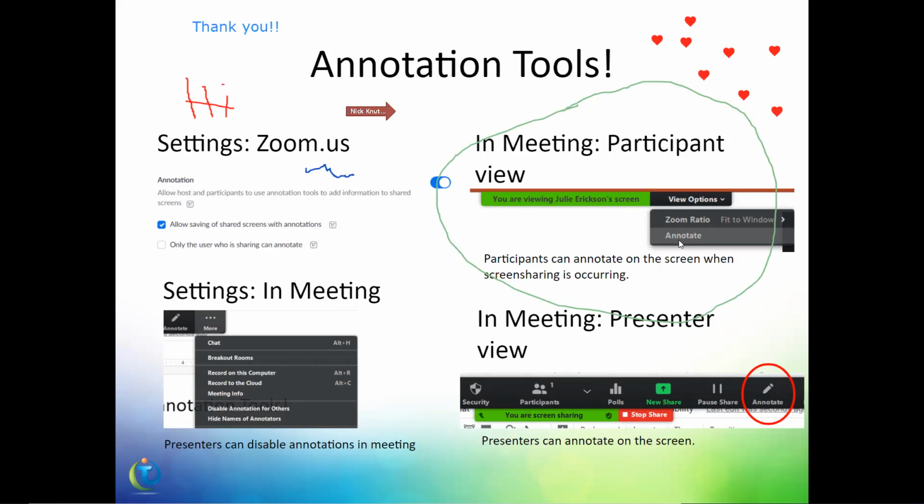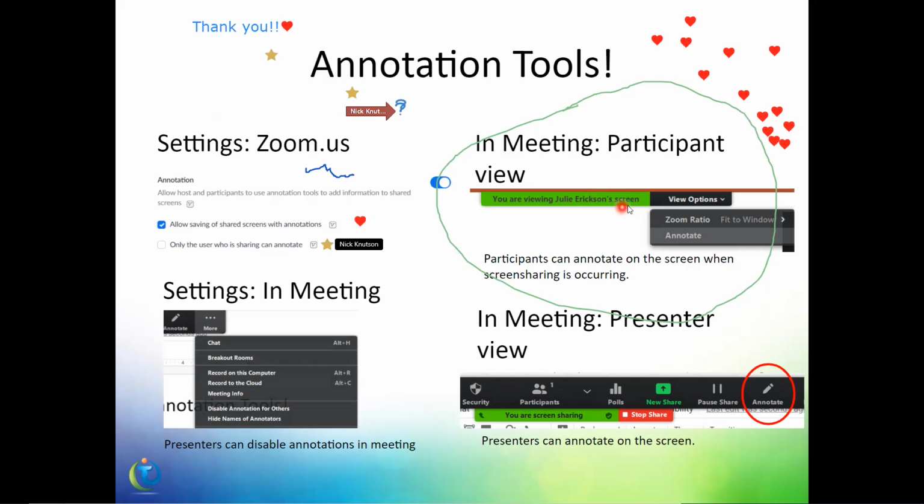Rosalie, when you're looking at my screen, if you go up to the top of your screen, you should see, you are viewing Julie Erickson's screen, and then there should be view options. If you click on that, you should see annotate.